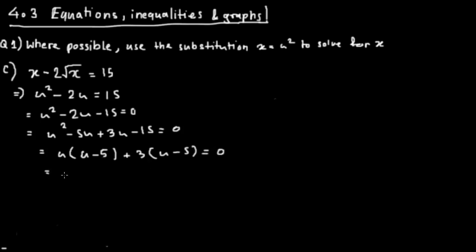So this is u plus 3, my bad, u plus 3 into u minus 5 equals 0. So that means u1 is equal to minus 3, u2 is equal to 5, right?